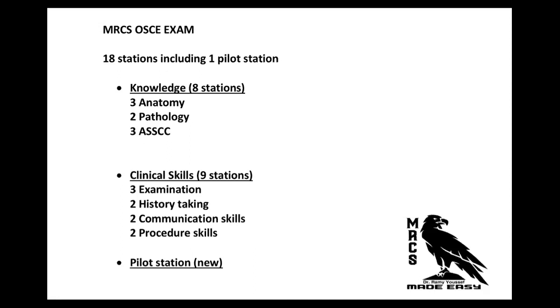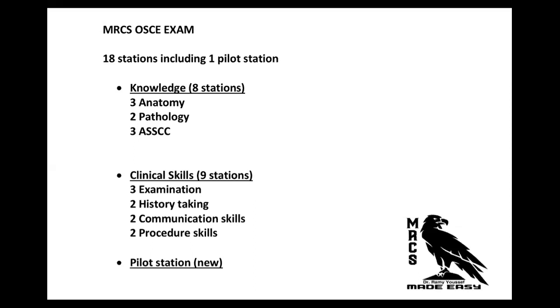The last one is the procedure skills. You have about 10 to 12 procedures you should be trained for: open abscess, taking biopsy, suturing, knot tying, catheterization and something like this.